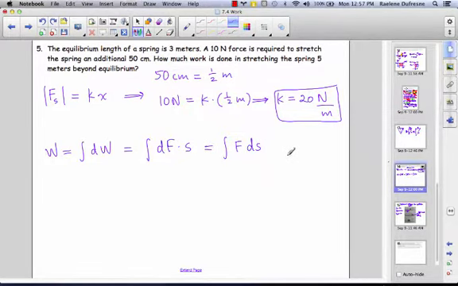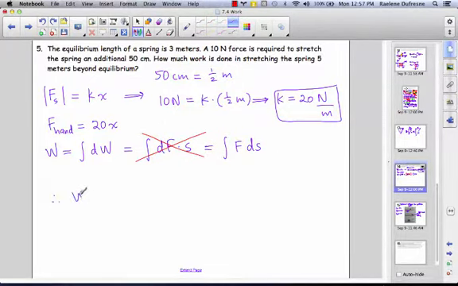In this case, we can see that the hand force is going to be positive kx, which is 20x. And if we are going to stretch for 5 meters, then we see that this force is a measurable amount of force. So we are not going to be dealing with this version of the integral. And specifically, our ds is just dx, because we're just changing horizontally.